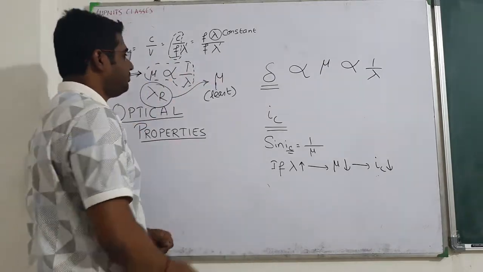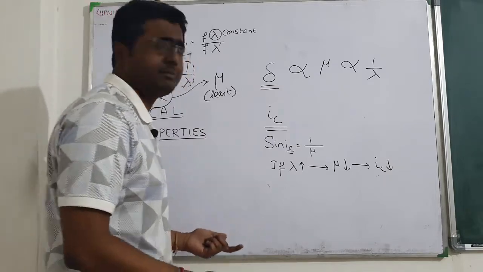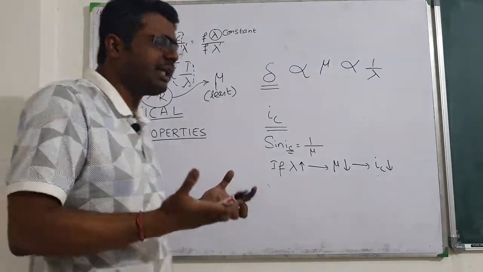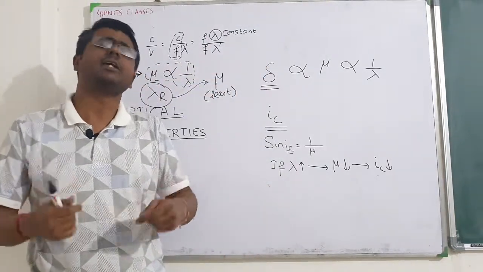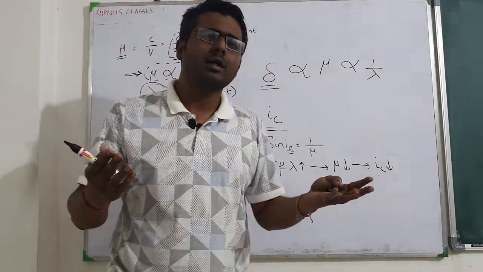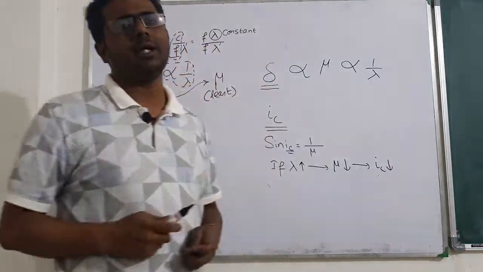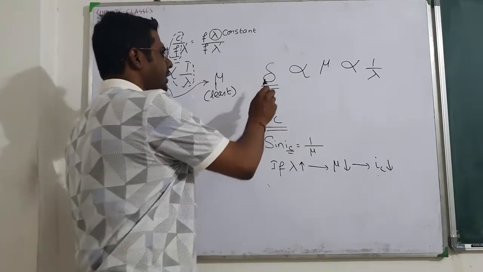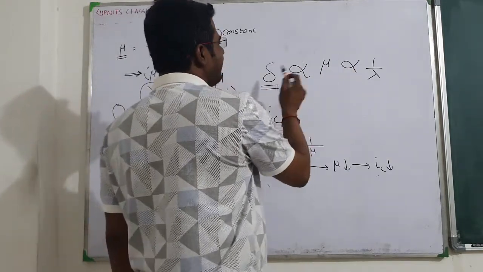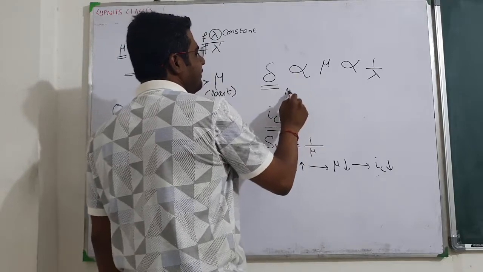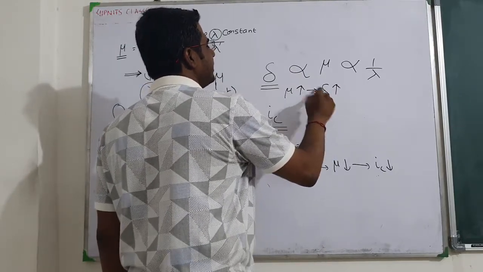Now next, coming to deviation, whether it is in a glass slab or in a prism. As the refractive index increases, deviation will be more. Deviation is not exactly directly proportional, but anyhow, as refractive index increases, deviation will increase.